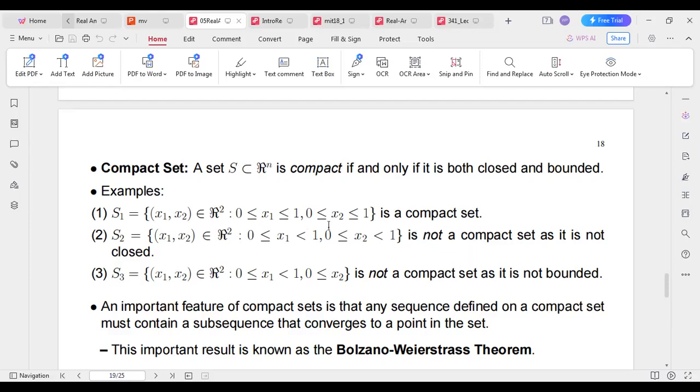It is not closed. This is why it is a closed-open interval, and therefore not a compact set. S3 is also not a compact set, as it is not bounded, because 0 less than or equal to x2 is not a bounded set.